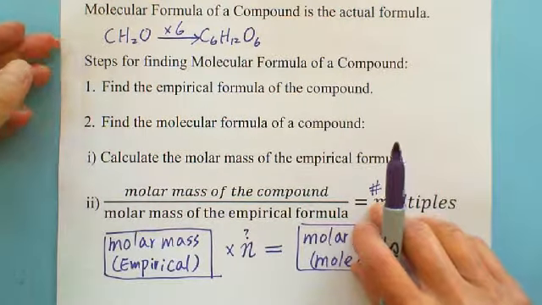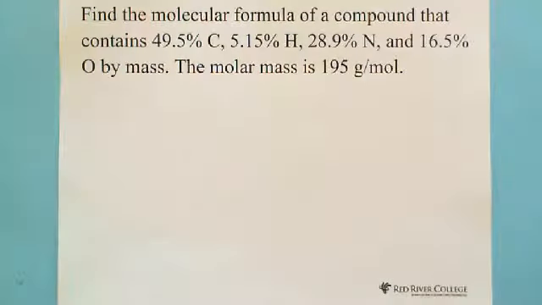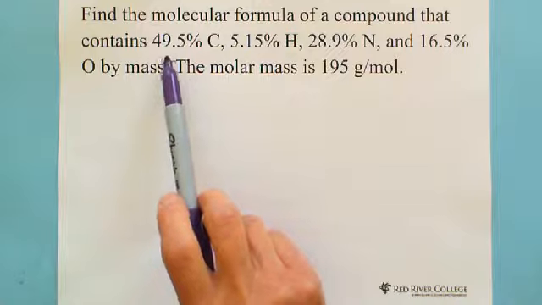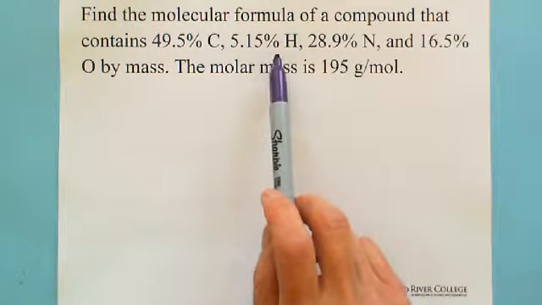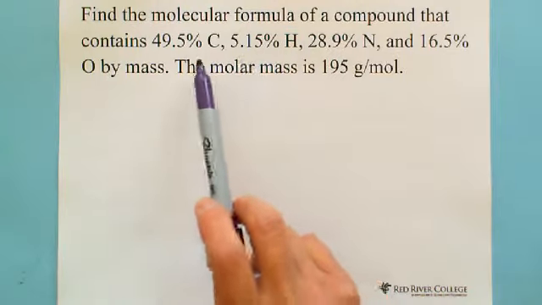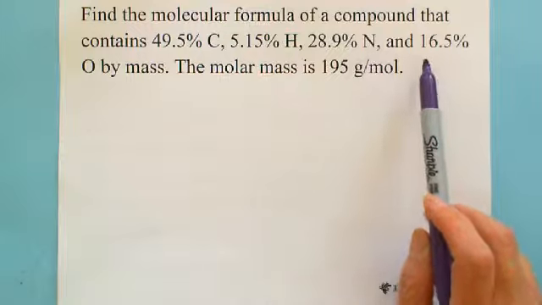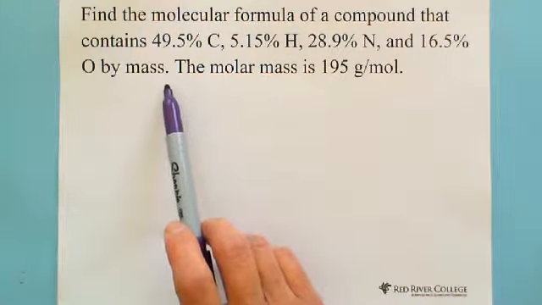Let's look at the example. This example is given 49.5% carbon, 5.15% hydrogen, 28.9% nitrogen, and 16.5% oxygen. This is by mass.